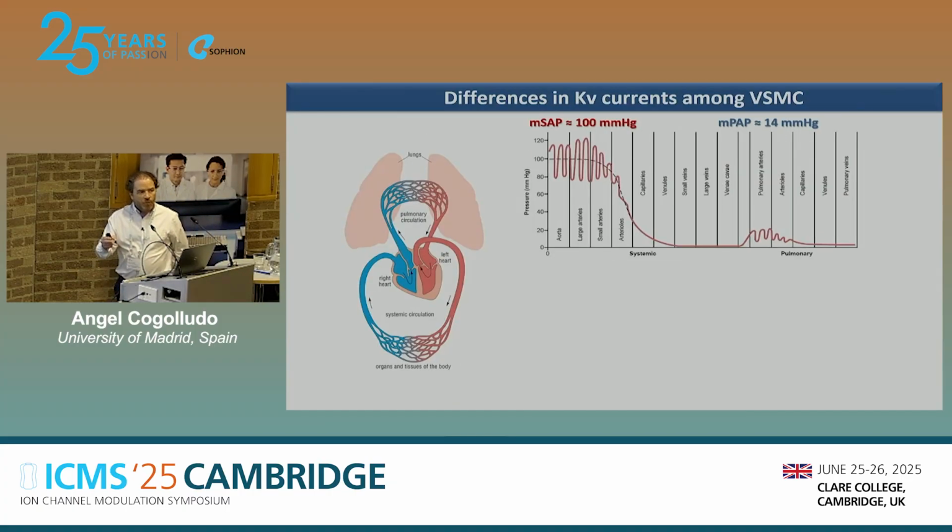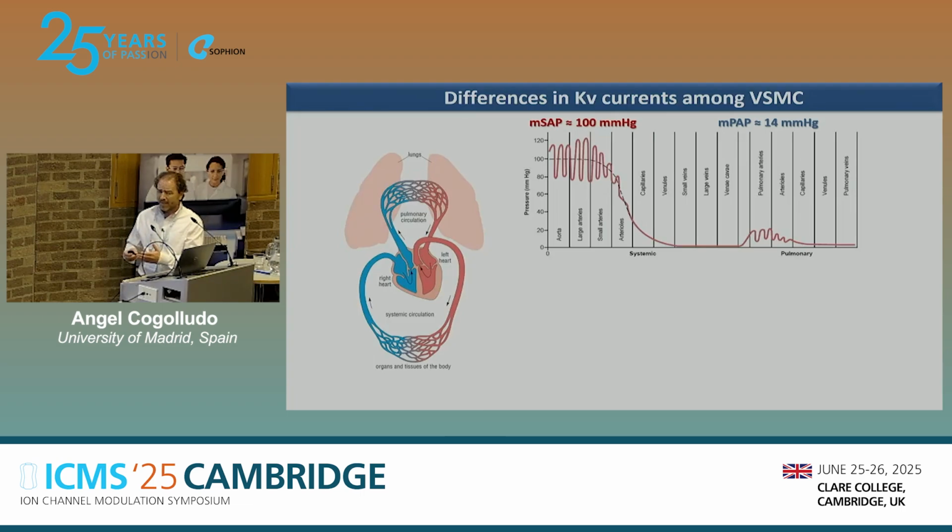But before moving forward, I think it is important to mention that there are important differences in the pulmonary circulation as compared with the systemic circulation. The pulmonary circulation is a low pressure and high flow system. You see that the pulmonary vascular resistance is about one seventh of that found in the systemic vessels.